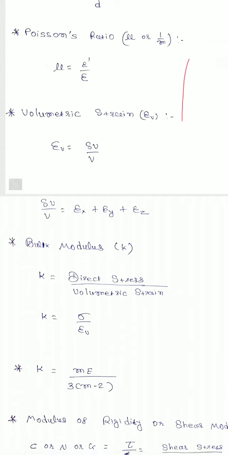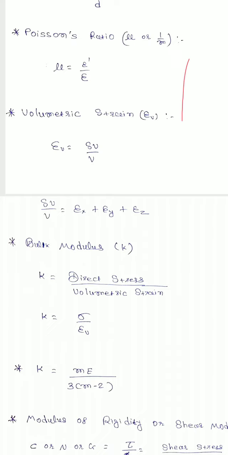The next term is bulk modulus. Now what is bulk modulus? Bulk modulus K is equal to direct stress upon volumetric strain. If we apply force in x direction, then we consider direct stress in x direction, and then volumetric strain, we already know what volumetric strain is.